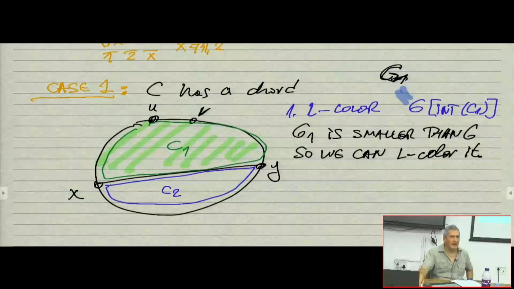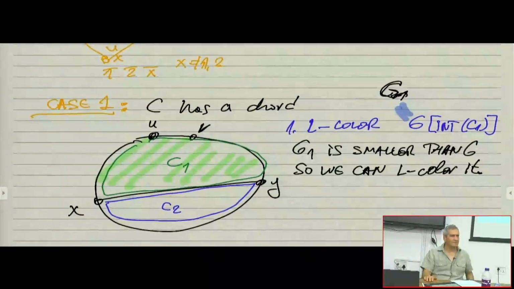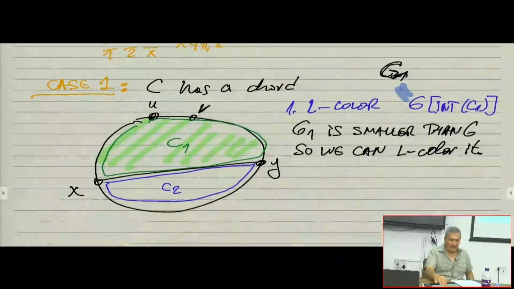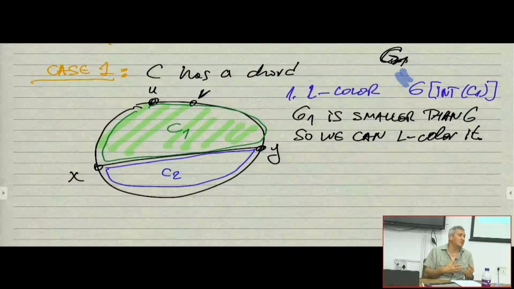Are we done? Yes. Now when we have colored G1, what's the next step? What do you think? C2, G2, yes.